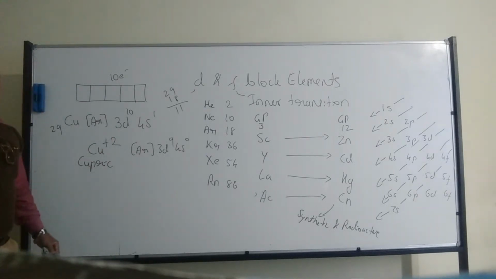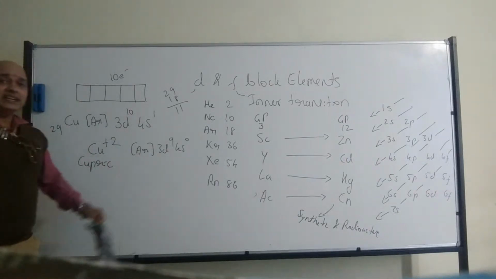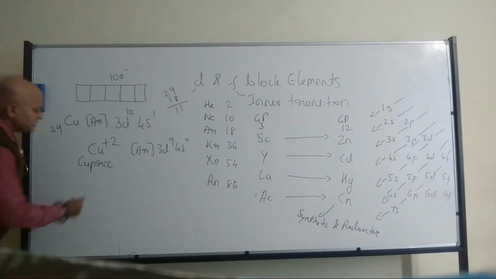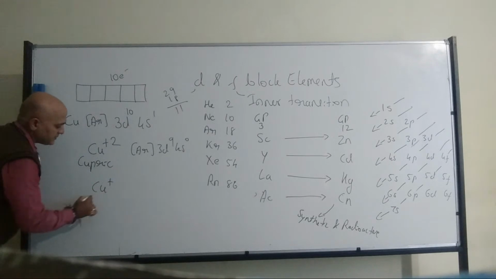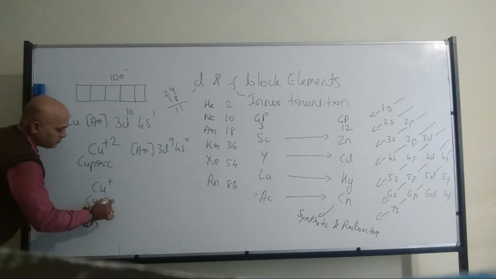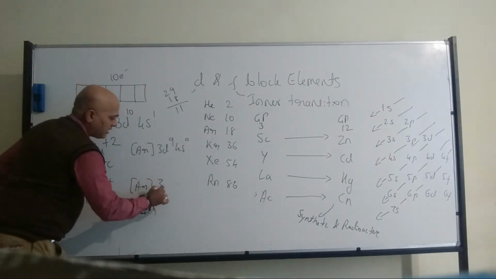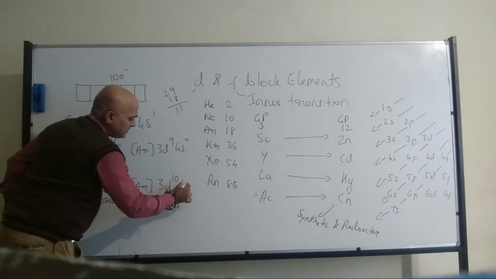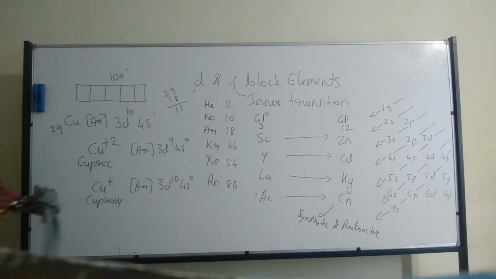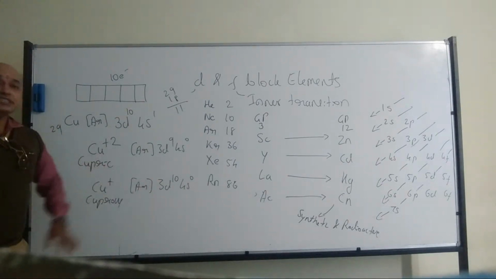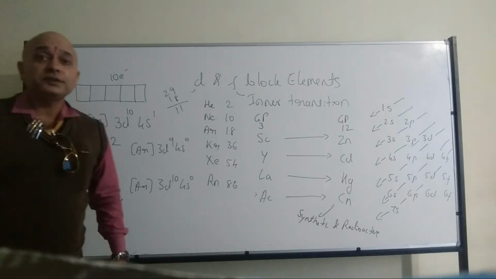It was stable, now it became 3d9. Now if I take cuprous, Cu plus, the electronic configuration will be argon 3d10 4s0. So in that way, cuprous should be stable, no sir, because it has a stable electronic configuration?